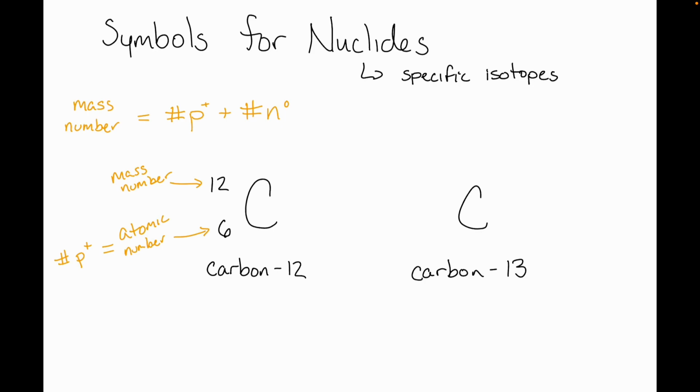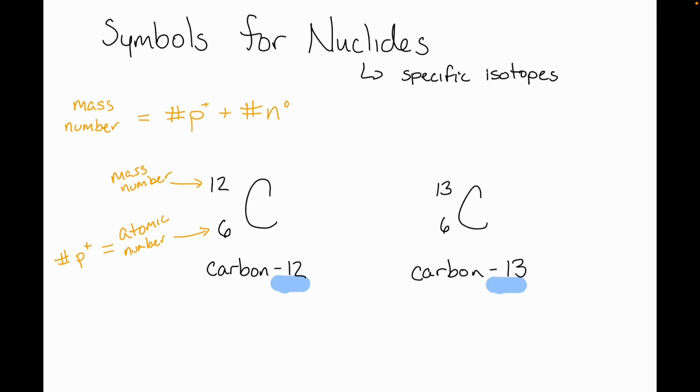So again, my symbol's carbon. My atomic number is 6. But notice that in my name here, that dash whatever number, that's your mass number. So this would be a carbon-13 atom here. That would be my symbol. So a carbon-13 atom has how many neutrons? 7, right? Different than a carbon-12.